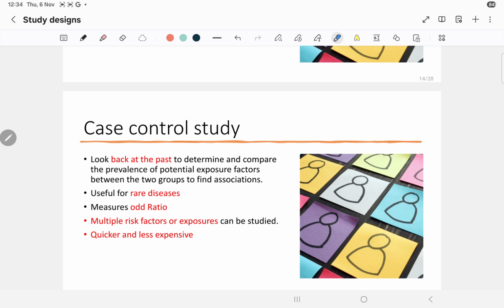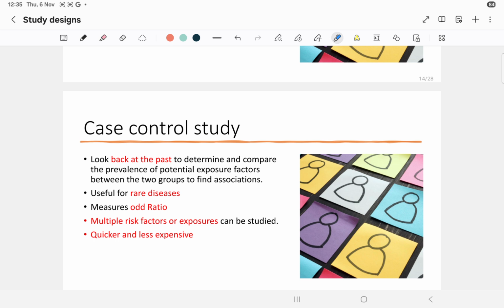So you may confuse this with a retrospective cohort study, where you also go back in the past to check for exposures. But there is a difference. Here we are taking diseased individuals and non-diseased individuals and going back in the past to check for a particular exposure: how many diseased individuals had a particular exposure, how many non-diseased individuals had it.